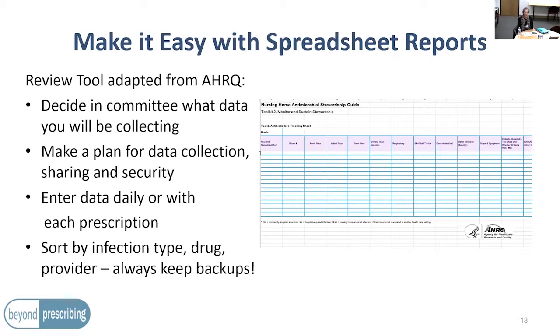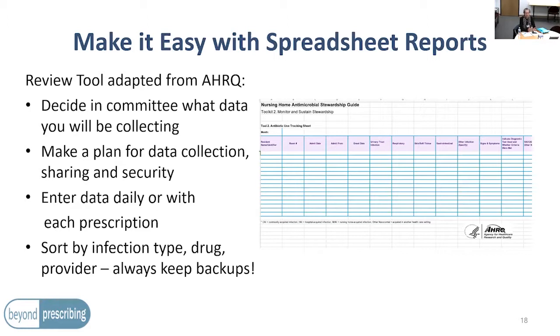The other thing that I would counsel people to do is, in your committee, make an agreement about how you're going to work with spreadsheets. Sometimes I've worked with people who keep everything on their desktop computer and then nobody else has access to it.